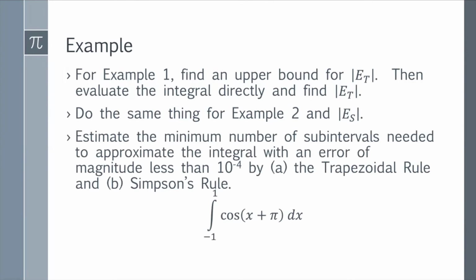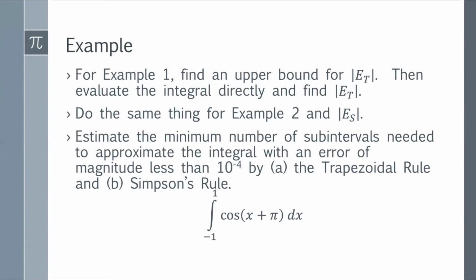All right, and then this is what I really like to use this formula for. Estimate the minimum. Okay, so the idea here is, let's say that you know ahead of time that your estimate has to be good to 4 decimal places. All right, so this method will allow you to do that.